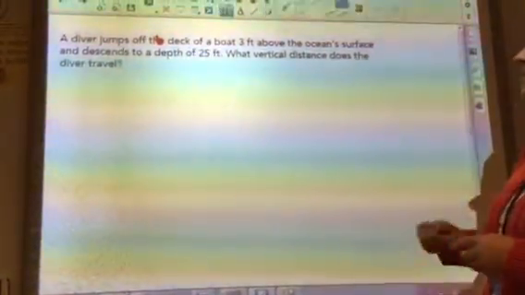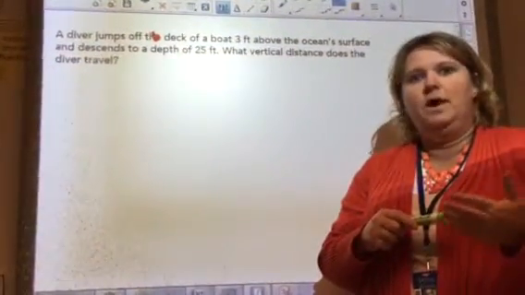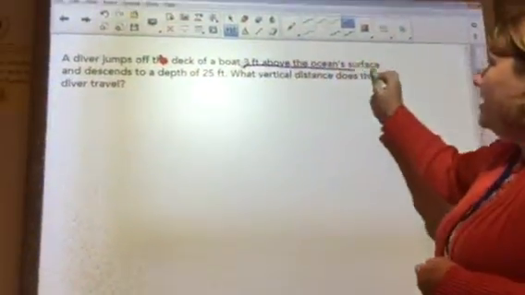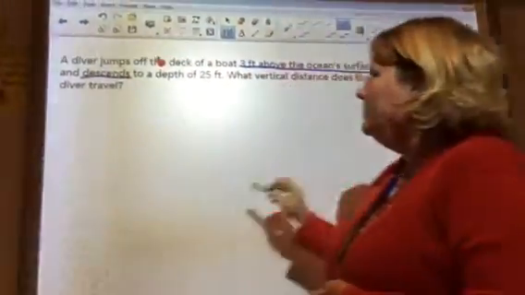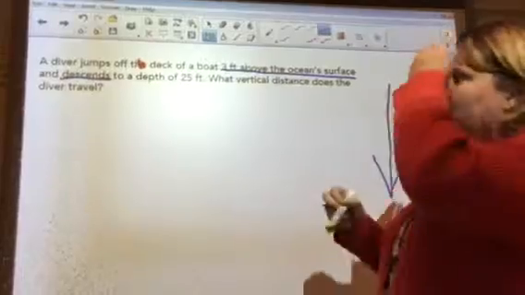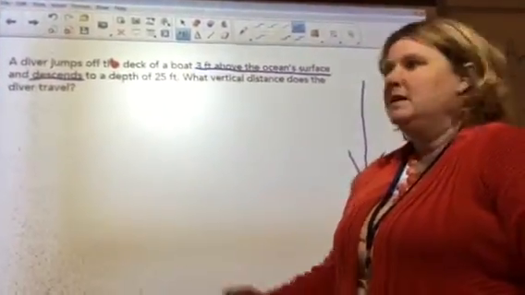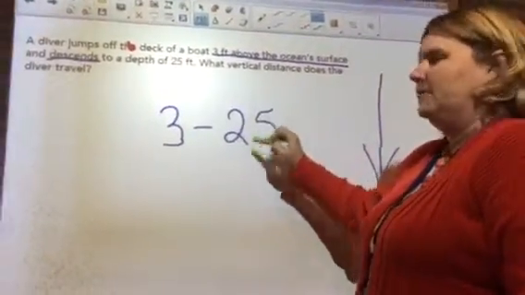So first we have to decide if we're going in a positive manner or a negative manner. Since we are at 3 feet above the ocean surface, and the word descends means to go down, you're diving into the water. So we are 3 feet above and we are going to go to a depth of 25 feet. We are at a positive and we are going to go to a negative.